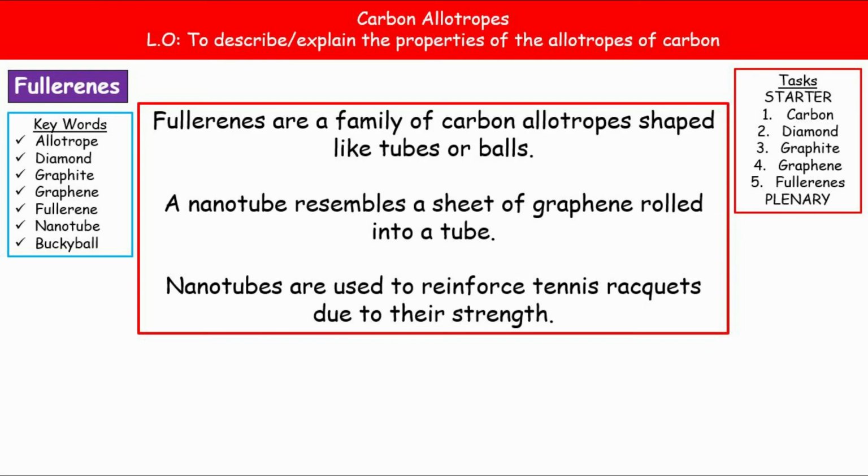Obviously, we're making these out of a single sheet of graphene. So if we've rolled that into a tube, it's still absolutely tiny, hence the word nanotube. And we use those to reinforce tennis rackets, and the reason we can do that is because they're really strong compared to their size, as we heard in the video. So jot down those three sentences for me if you've not already got them.